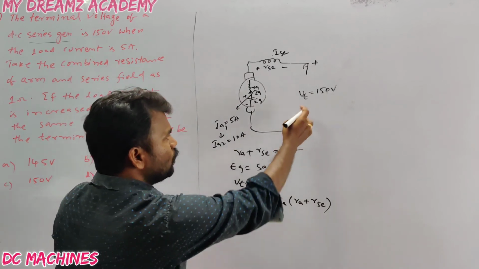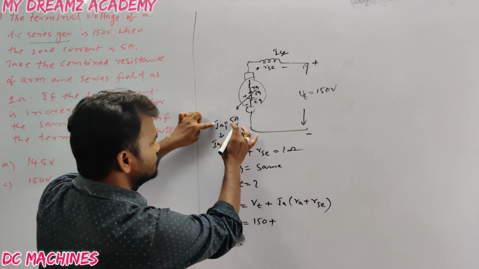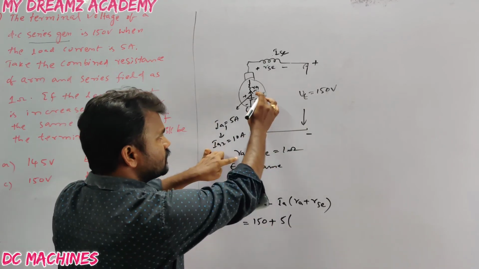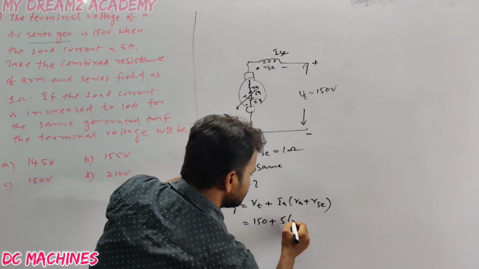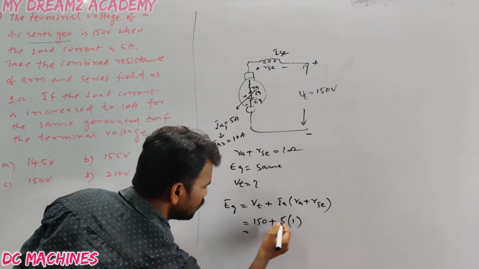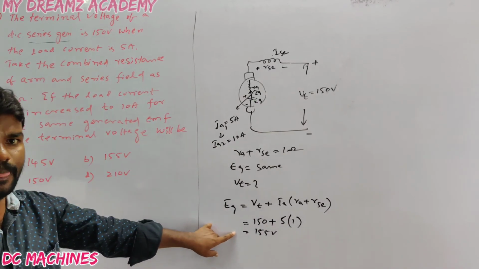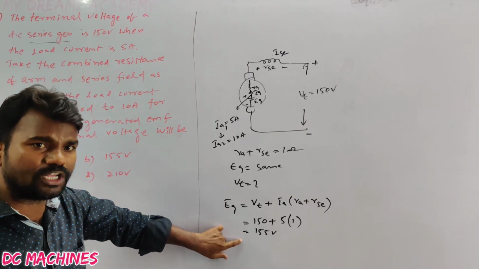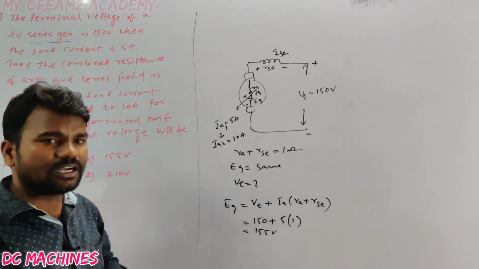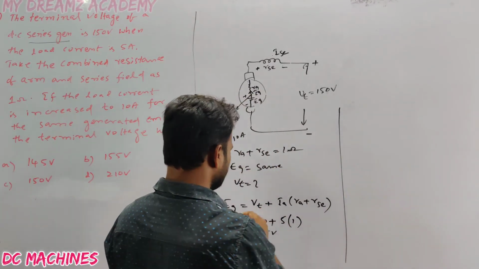The terminal voltage is given as 150 volts, plus armature current 5 amperes, and the combination of armature resistance and field winding resistance is 1 ohm. So the total is 155 volts. This is our generated voltage. For the same generated voltage, if the load increases, calculate the terminal voltage.